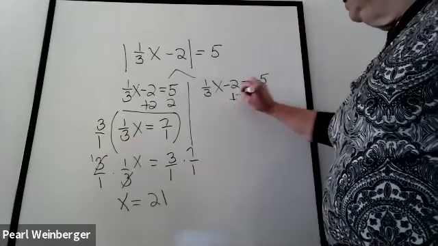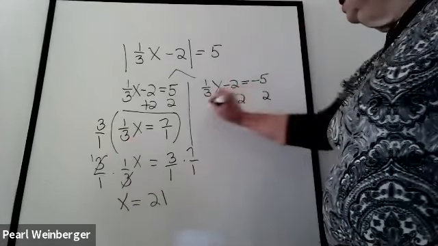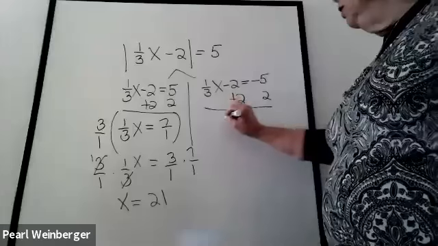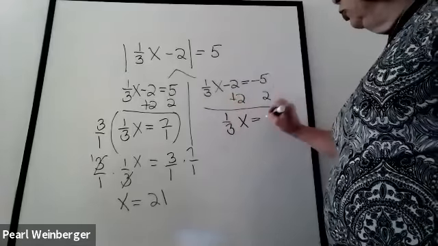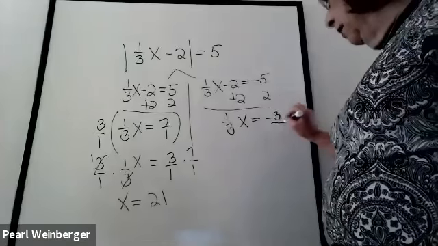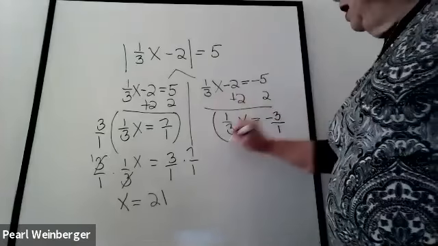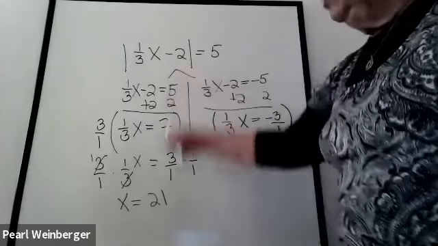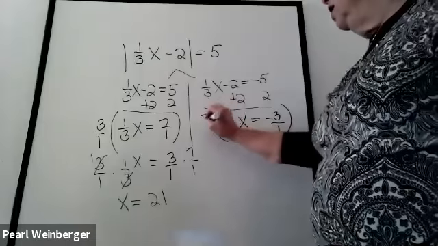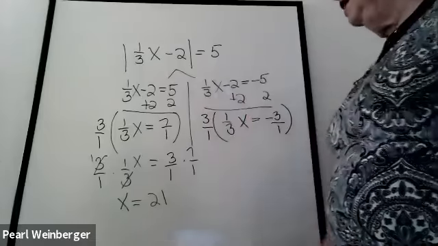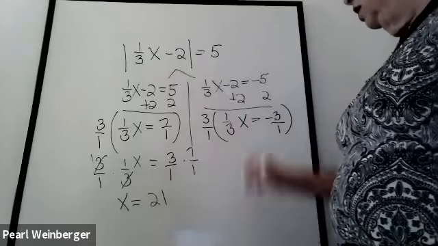Again, I do the same thing. I add 2 to both sides. This gives me 1/3 x equals -5 plus 2, which is -3. Again, I'm going to put that over 1 and multiply. Once you've done the first equation, the second equation has almost the same steps in it. You're going to multiply by the common denominator, which is 3 over 1.